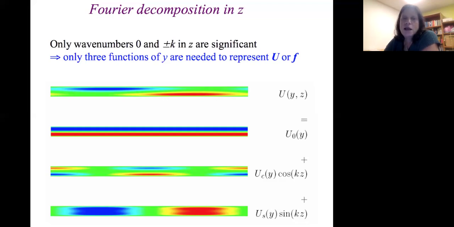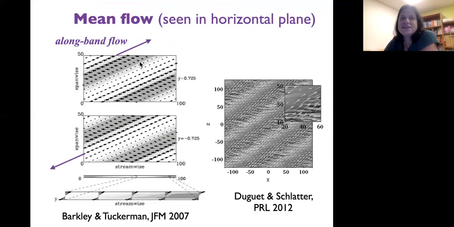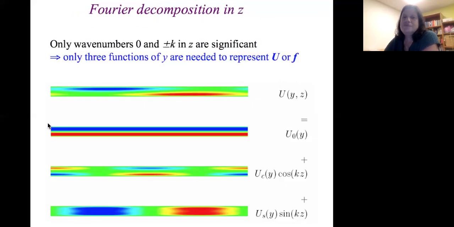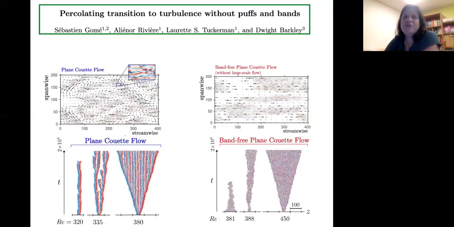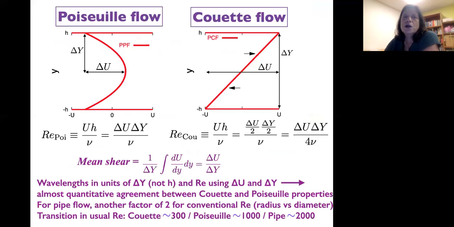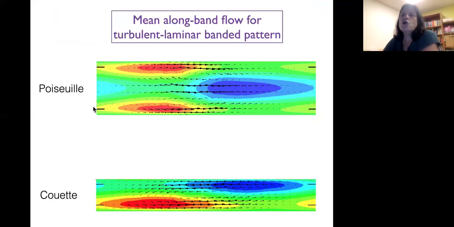Here I'm showing you the same thing, but this time stretched. This is not a correct aspect ratio. So here you see the flow along the turbulence. You see the flow along the top and along the bottom in opposite directions.